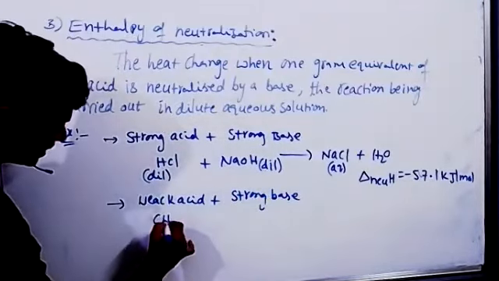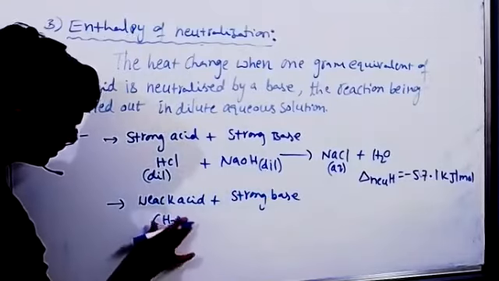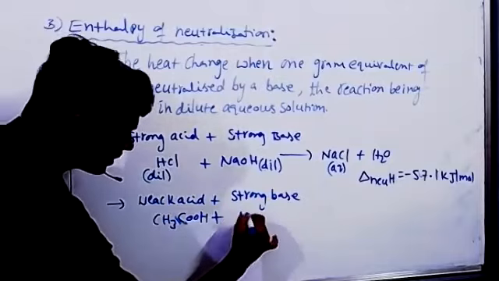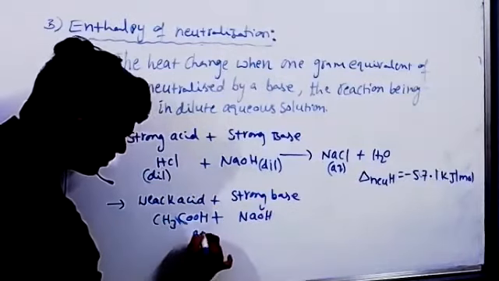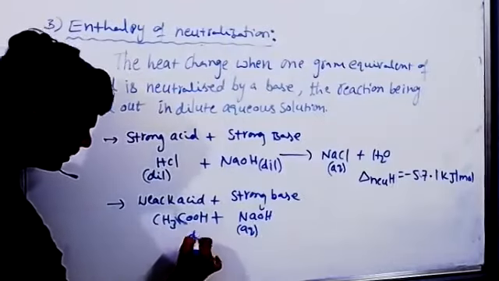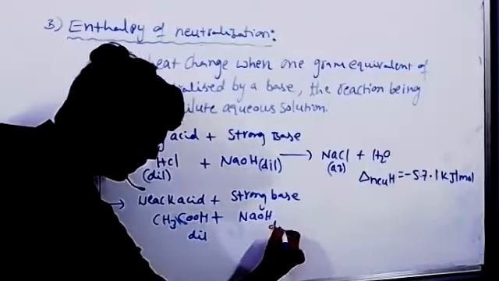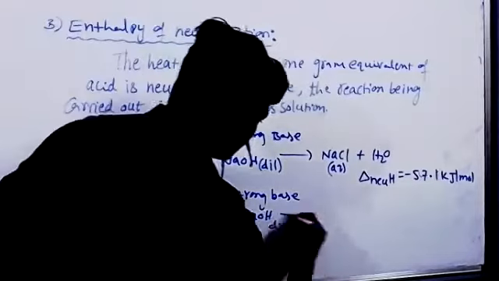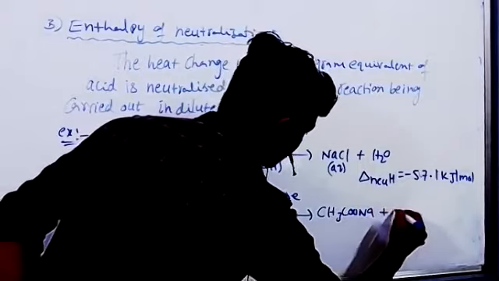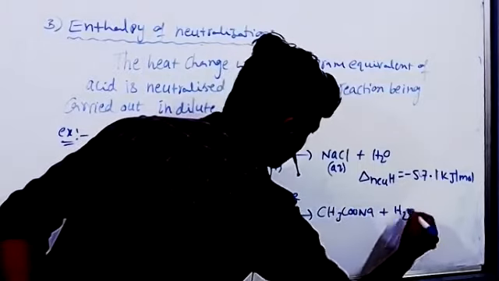Taking weak acid CH3COOH plus strong base NaOH, diluted, this is also okay, better diluted NaOH, and it gives CH3COONa and H2O.